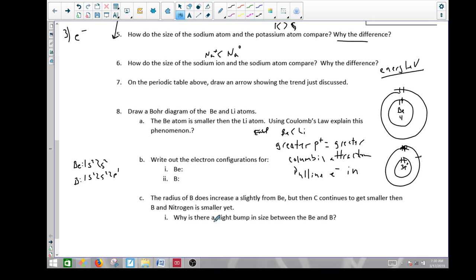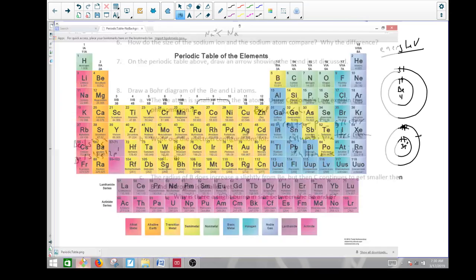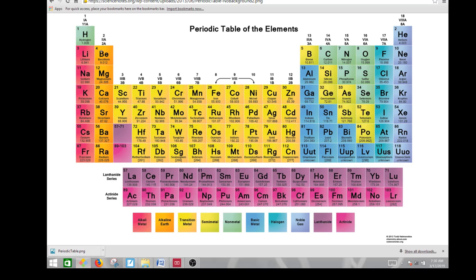Okay, why is there a slight bump between beryllium and boron? So this is what they'll do lots of times. They'll give you information and ask you to kind of justify it. What they're saying here is that we just mentioned beryllium is smaller than lithium, more protons. But then they say, for some reason, boron got bigger, but then it gets smaller, smaller, and smaller. What might be causing this to occur?